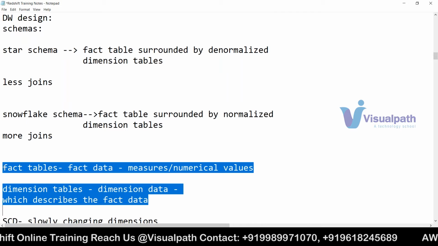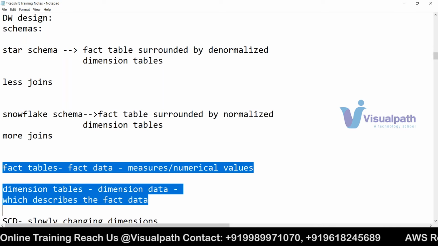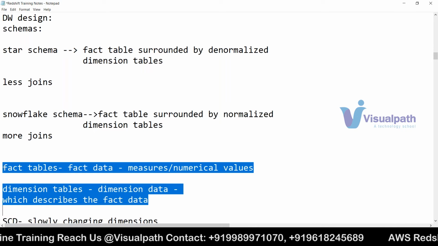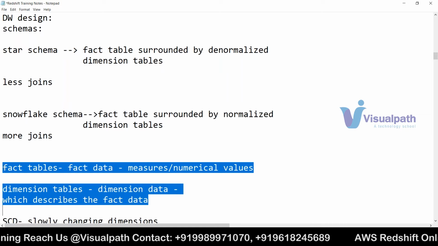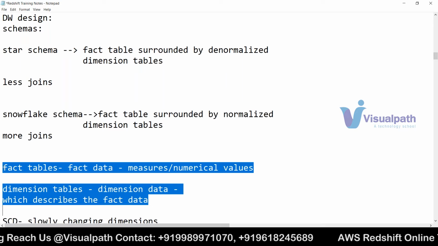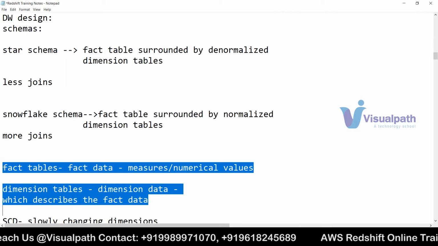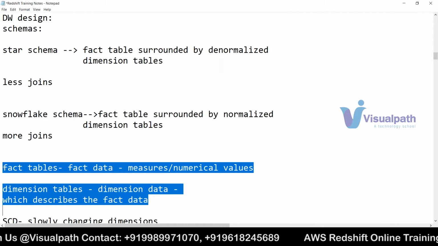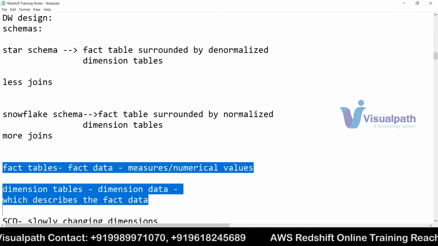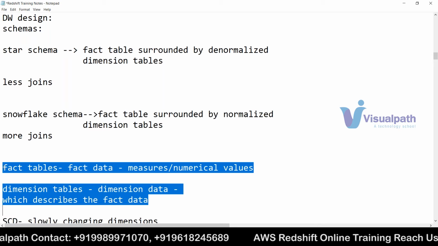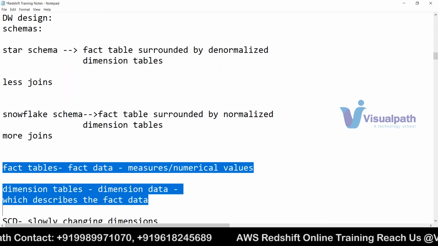Of course, there will be some relationship between the fact table and dimension table, that I will tell you now. Right now, we should understand how the data is stored in the data warehouse, whether it's a database or data warehouse, in terms of tables only. But here, the tables are called fact and dimension tables. Generally, they will ask you direct questions: what is fact data, what is a fact table, or what is a dimension table.